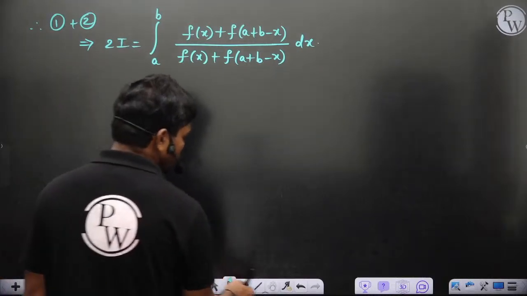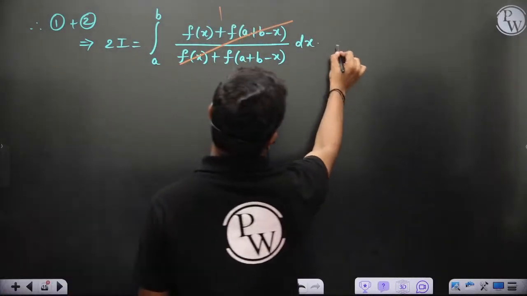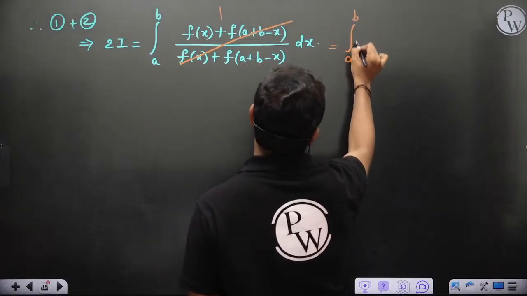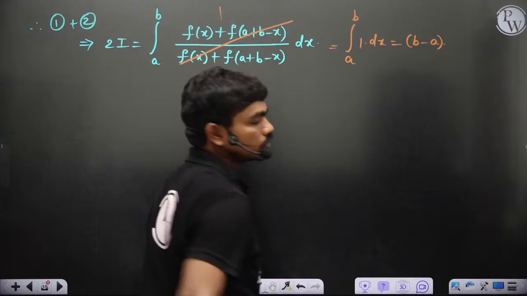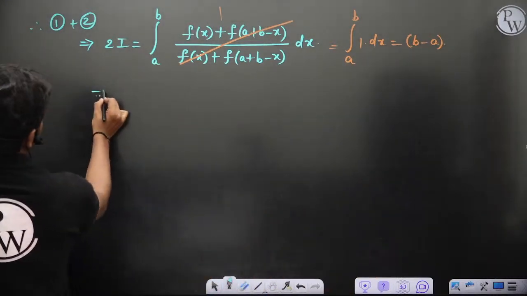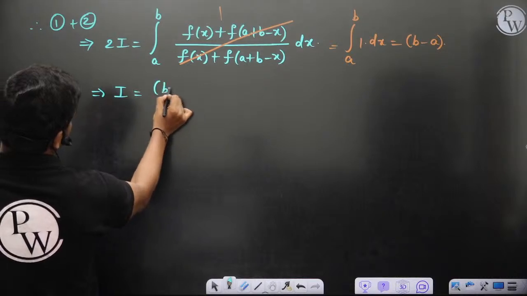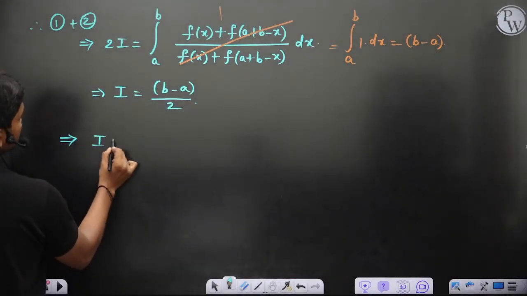So then this value cancels out. This is integral a to b 1 dx, which is b minus a. That's all. Therefore I is equal to b minus a by 2.